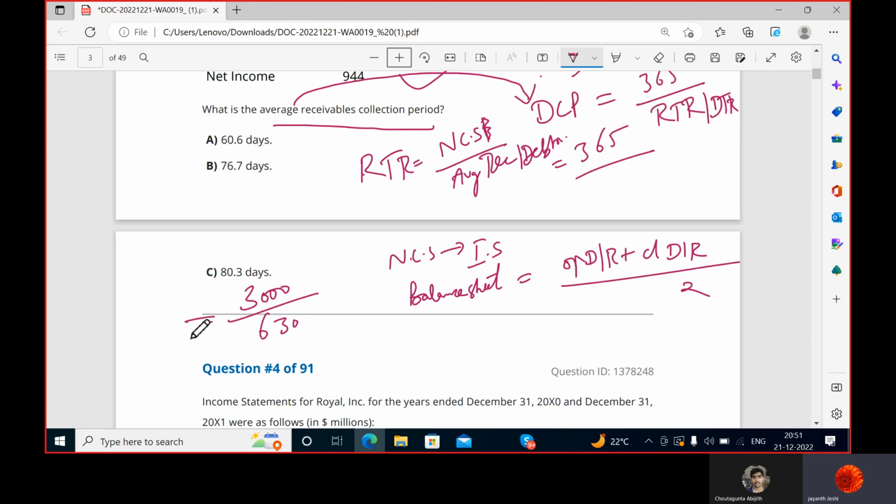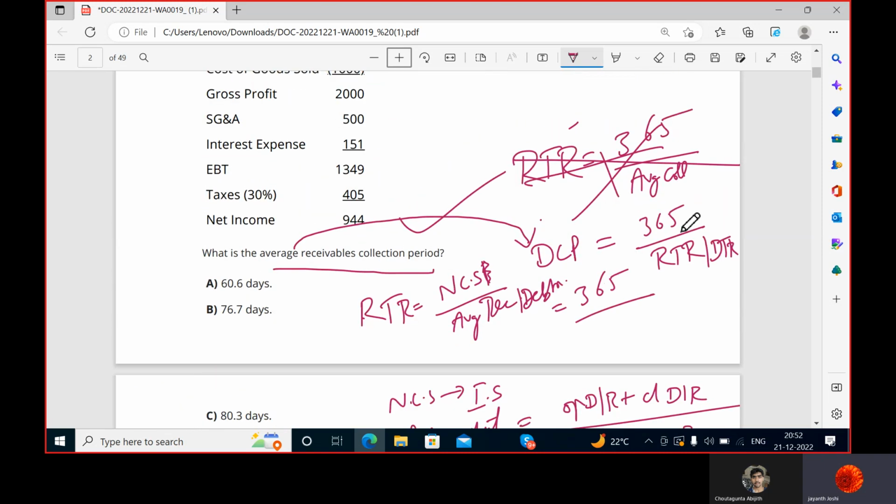What is the receivable turnover ratio? 4.761, correct? Now you take this 4.761 and put it here. Debt collection period is 365 by receivable turnover ratio 4.761. Tell me the answer.